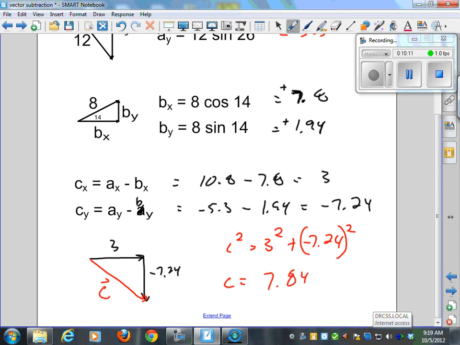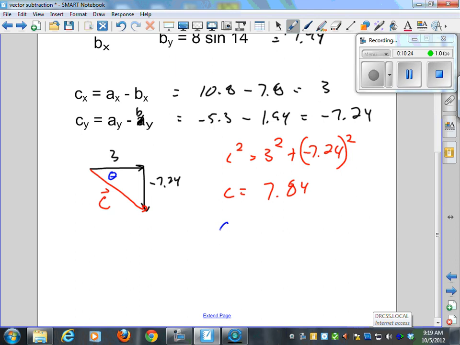Am I done with that? Last thing. What did you do? I think it's okay. Last thing to do is find the angle, right? So that's going to be inverse tan, opposite over adjacent, 7.24 over 3.